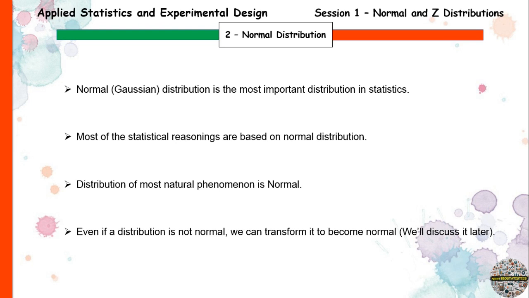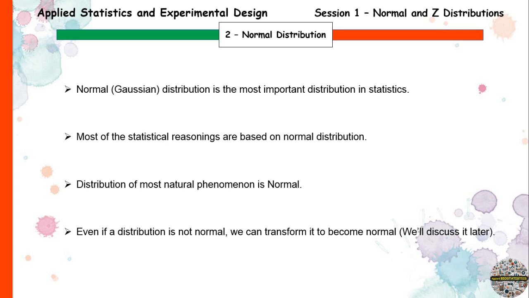So the normal distribution is the most important distribution in statistics, and most of the statistical reasoning, like the decision to see if something is significant or not, is based on normal distribution.